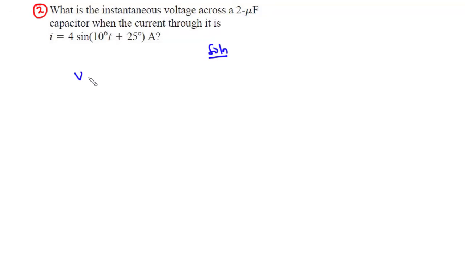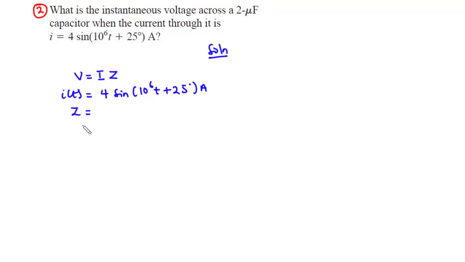Now the voltage is given as the current times the impedance according to Ohm's law. Now we are given the value of the instantaneous current to be 4 sine 10 to the power 6 t plus 25 degrees. And then we are supposed to find the value of the impedance, so that we multiply that by the current to get the value of the voltage across the 2 microfarad capacitor.